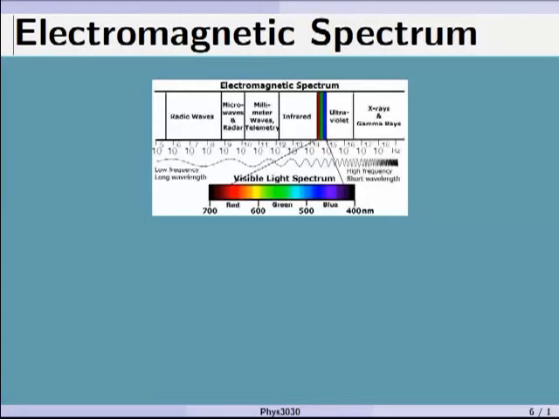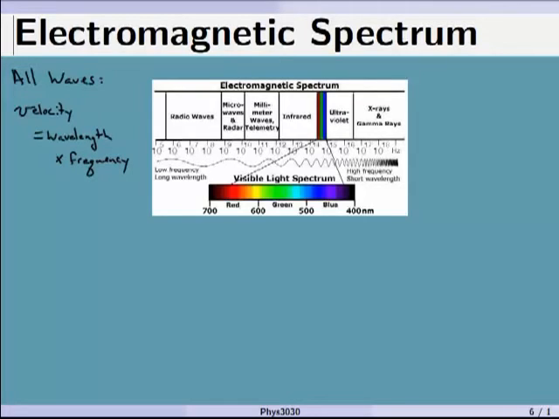What we know about light is that for any type of wave whatsoever, all waves obey this equation: the velocity of the wave is equal to the wavelength of the wave times the frequency of the wave.